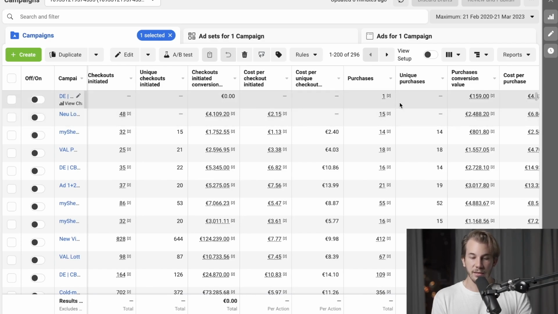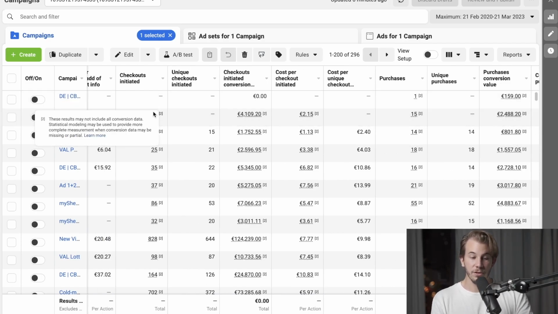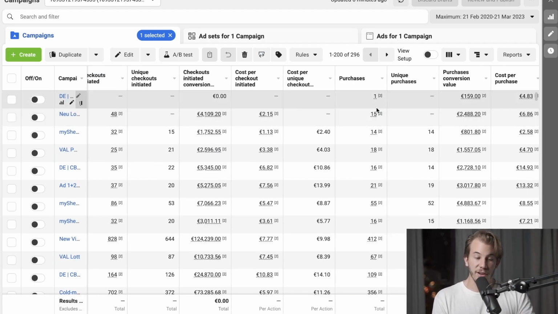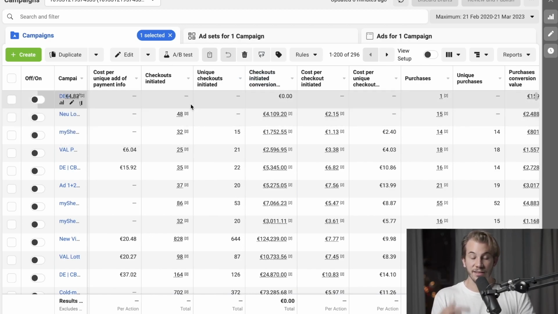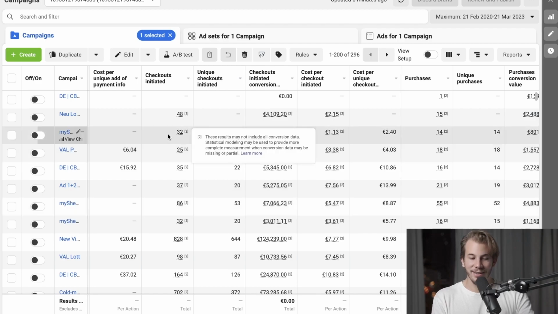And then you get 15 purchases, which, if you have 50 people doing the checkout and only 15 purchases, potentially these are not tracked accurately, and maybe there's too many tracked here, or people trigger this event twice, which can also happen. That's why you always want to look at the unique, but you can see some campaigns show the unique, some don't.